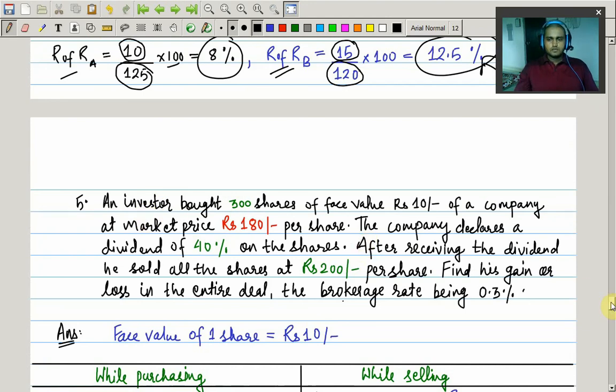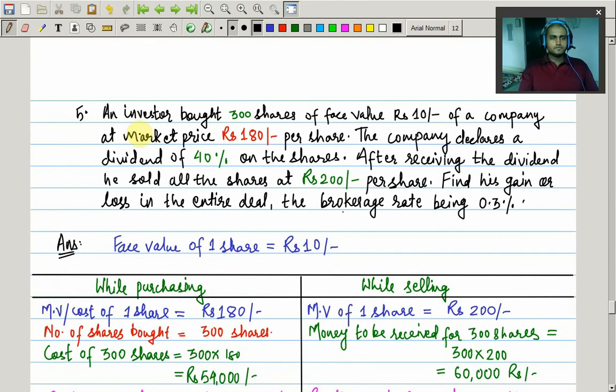Let's see this question. An investor bought 300 shares of face value rupees 10 of a company at market price 180. The company declares a dividend of 40% on the shares. After receiving the dividend, he sold all the shares at rupees 200.